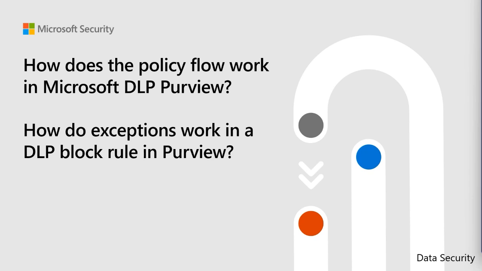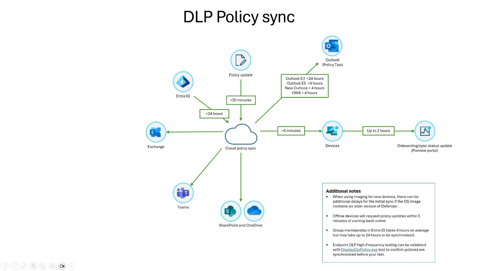So we have this first one for data security, where it is about how does the policy flow work in Microsoft DLP Purview, and how do exceptions work? If we could please go to the next slide, I've added a quick graphic to help explain this. The policy flow in this diagram will be published very soon publicly on Learn. Think of it as, from the flow policy standpoint, the first part is all about synchronization. What's great about Purview, it provides you one place to define your DLP policies.